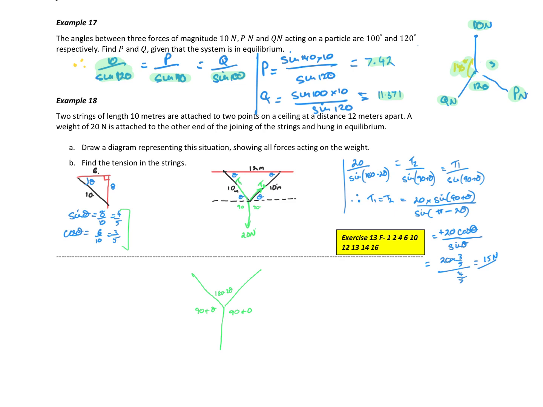But if I just leave them in that form, I've got the ratio 20 over sin of 180 minus 2 theta equals, which one was T2? Is it the same string? Yes, they are the same tensions. I've called them T2 and T1, but obviously the angles are the same, so T1 is equal to T2, and we can see T2 over sin of 90 plus theta.